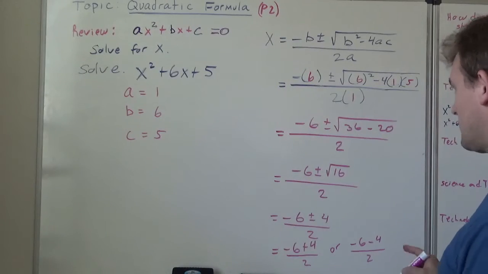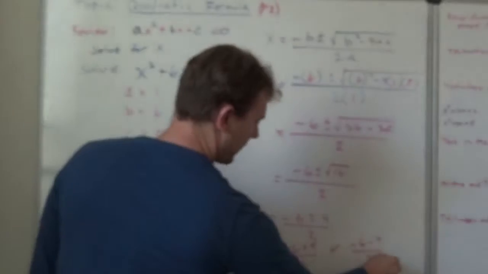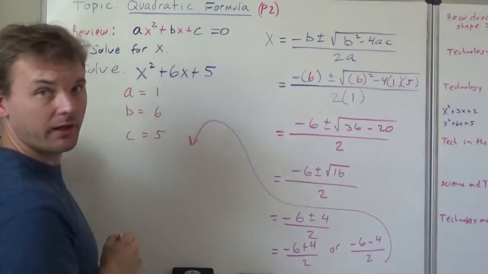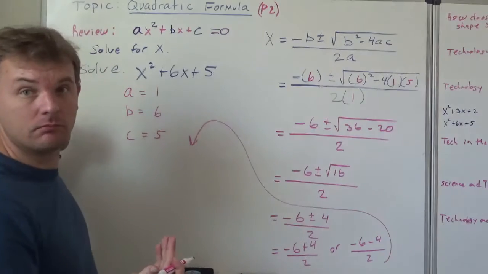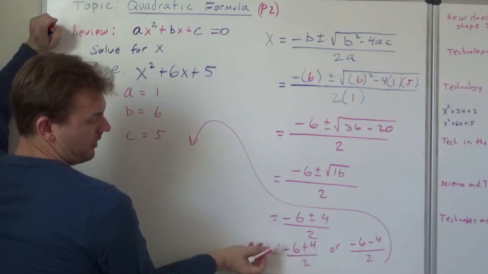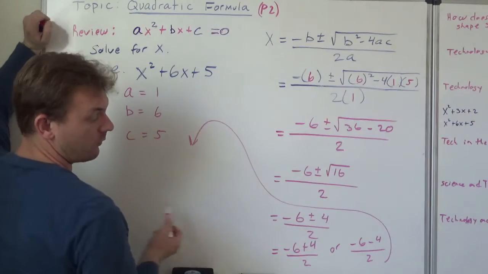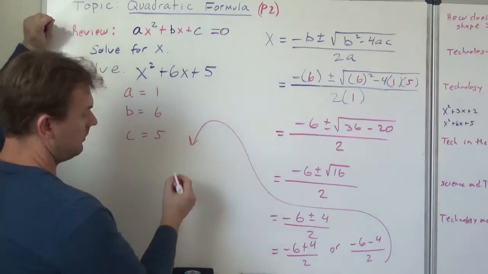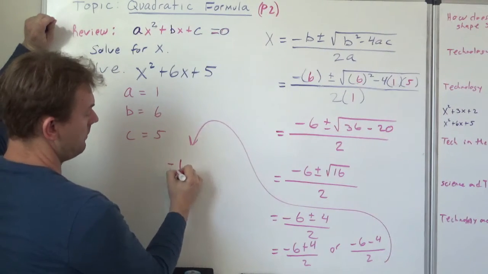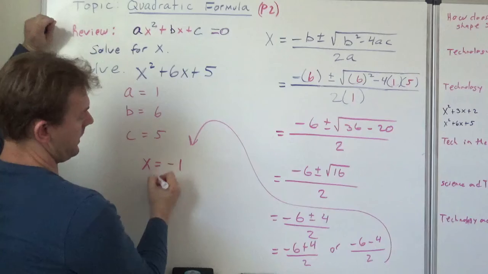So your solutions, if you don't mind, I'm going to actually go back up here. I'm running out of room. These get long. So this is minus 6 plus 4, which is minus 2. So minus 2 divided by 2 is 1. So x equals negative 1.